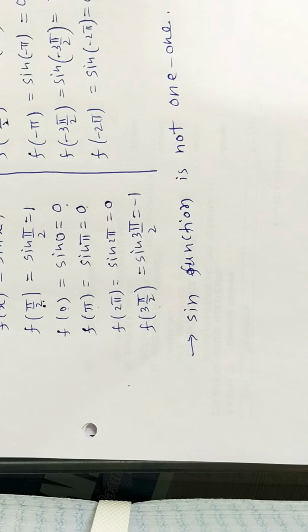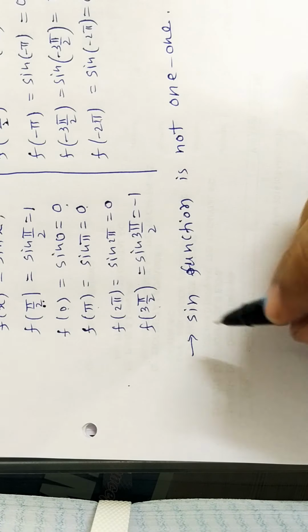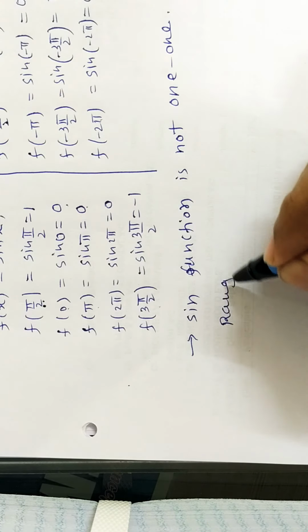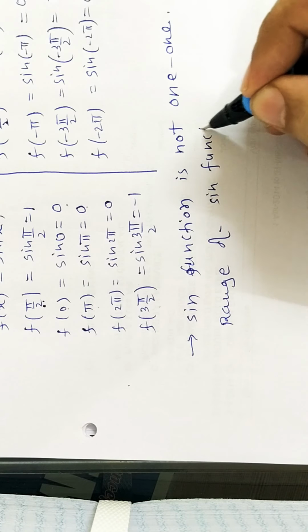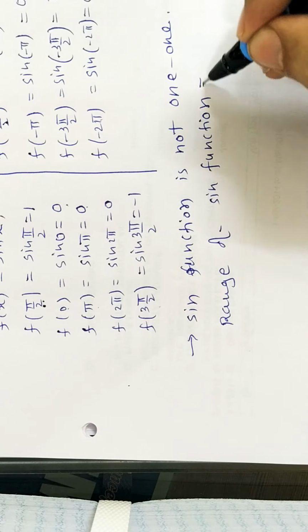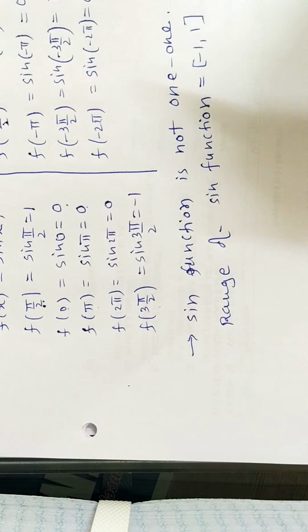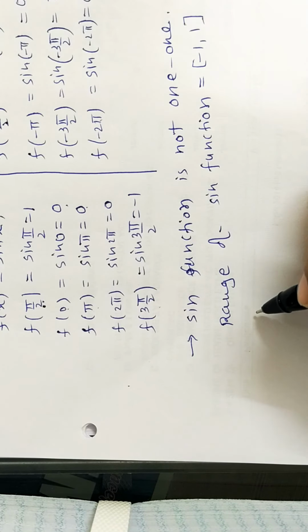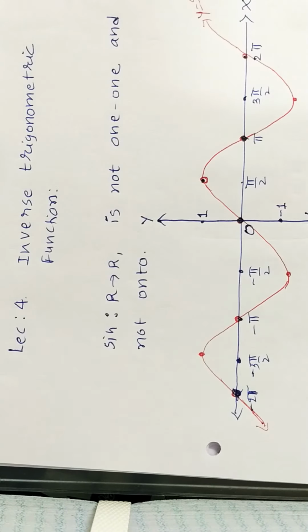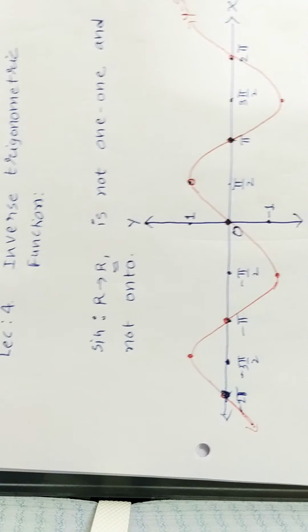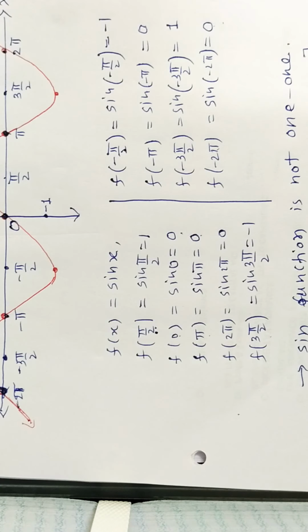Now check here. What is the range of the sine function? The range is minus 1 to plus 1, and the codomain of the sine function is R. So range and codomain are not equal.